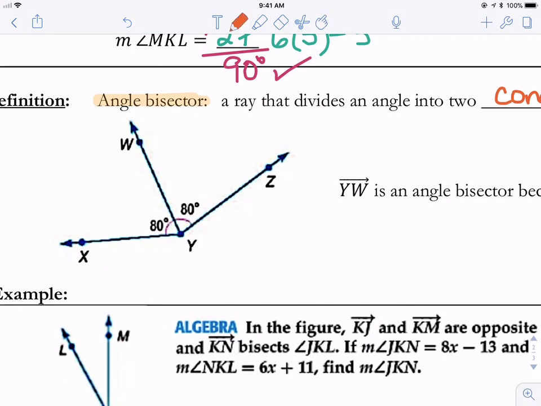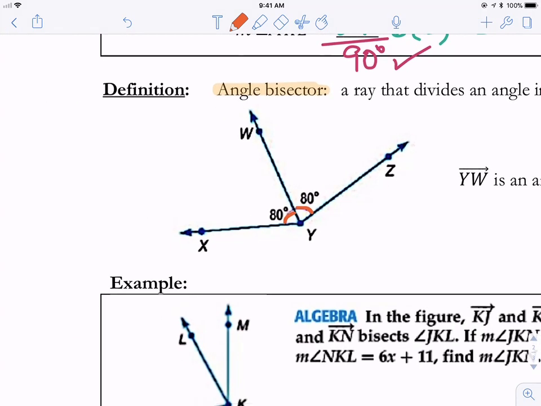Now, when you're showing angles congruent on a picture, you put these little arcs on it to show that they're the same. If you had two pairs of angles in the diagram that were congruent, so let's say you had a picture over here, you had another angle bisector, and those two are congruent, but they're not the same as the first, we would offset these so that they're not running into each other.